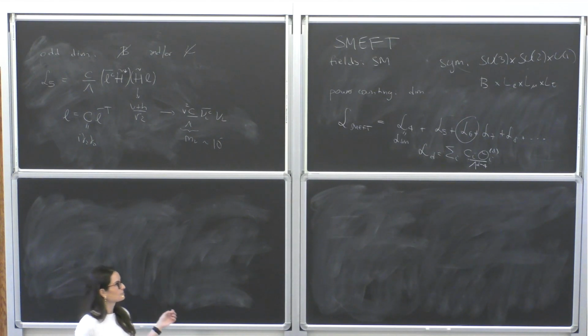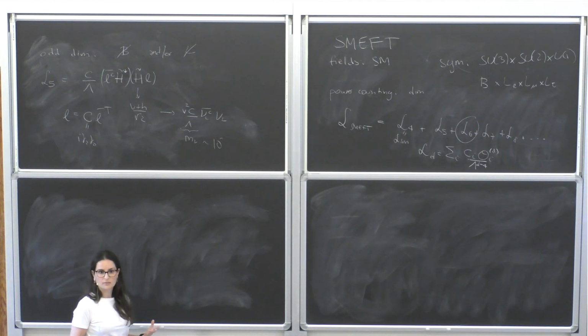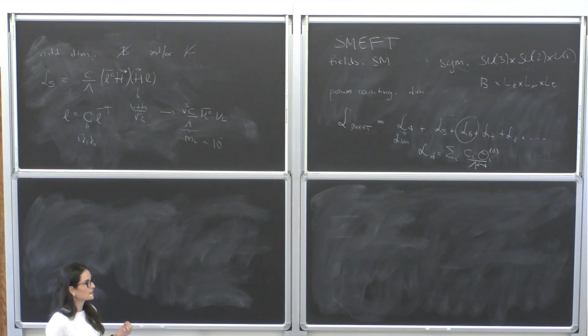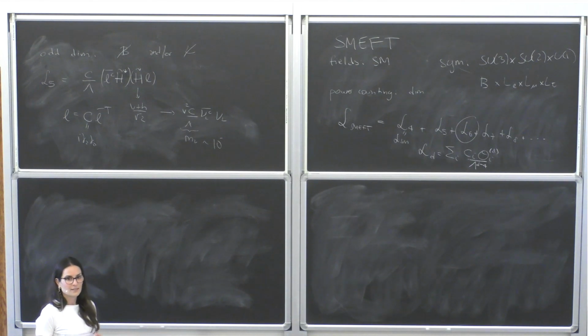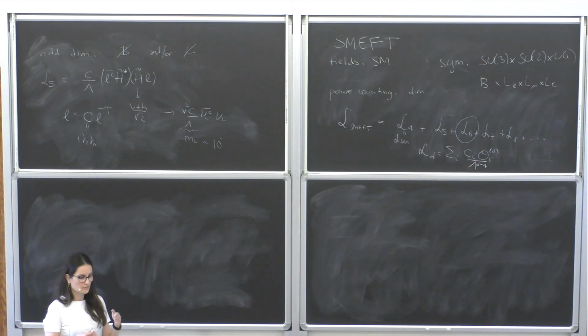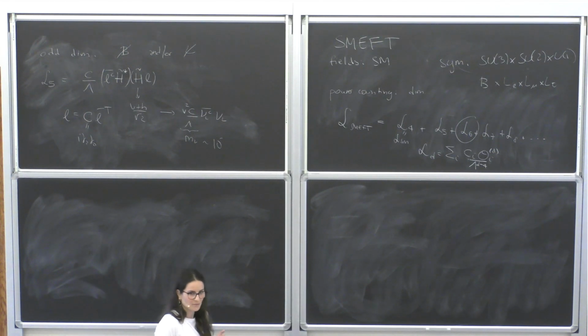But because they are EFTs, everything in EFTs lives order by order in your power counting parameters. And it turns out that you can renormalize the theory order by order. So it means that you have infinite divergences, but you have a finite number at dimension 6, a finite number at dimension 8, a finite number at dimension 10.